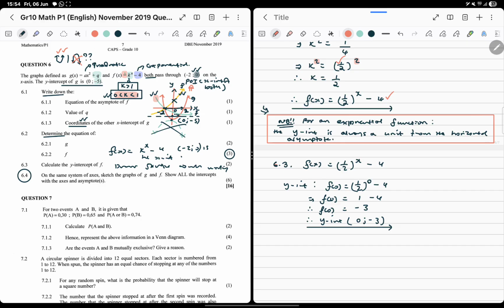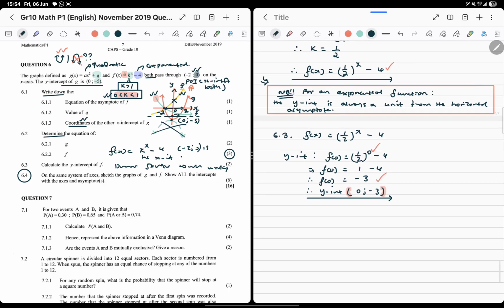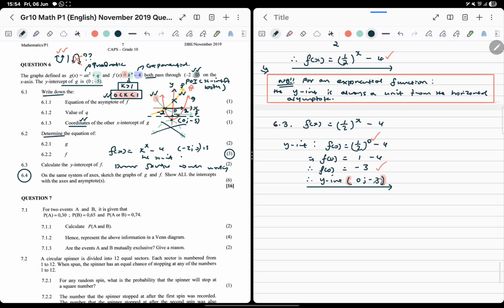Anyway, so substituting 0 there and getting that coordinate, provided we present the ordered pair. Remember, final answers don't always get a mark, but they need to be there. Or it could be a mark for the final answer.